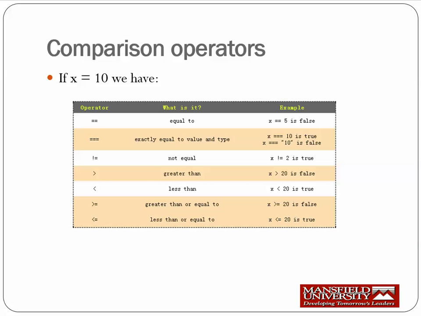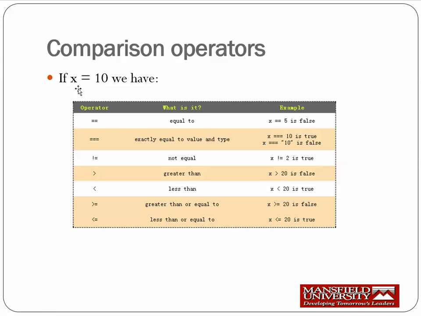We also can have some comparison operators. What's that? Sometimes we need to make a judgment. For example, if x equal to 5 is false or true. Here x is the container.